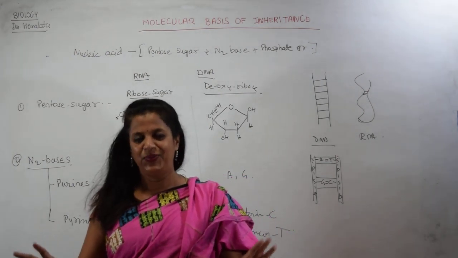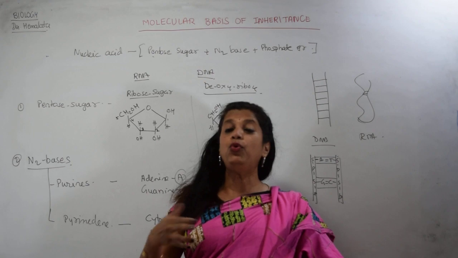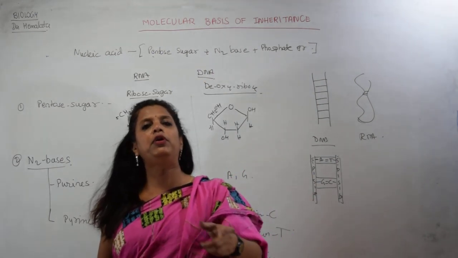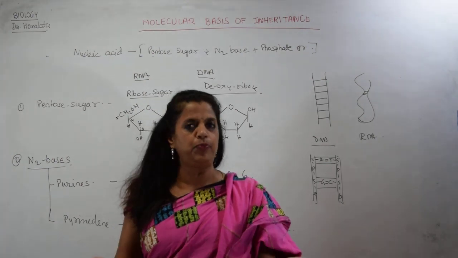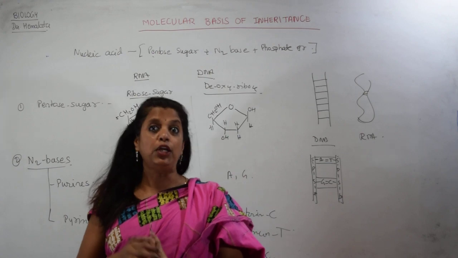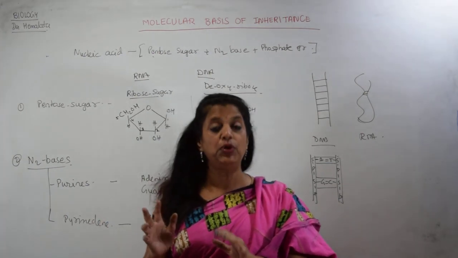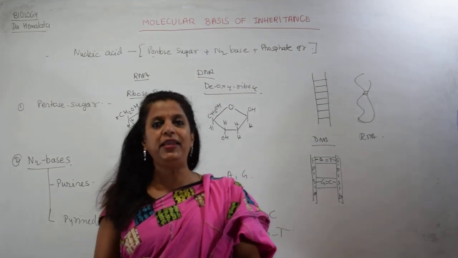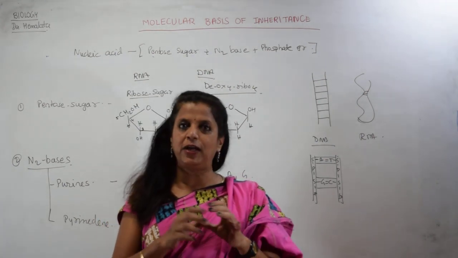RNA will not do that. Then who is producing RNA? DNA is producing RNA. DNA only will produce RNA. RNA is not self-produced. Right? Then, DNA is found in the nucleus in most organisms. In some it is found in the cytoplasm also. You would have seen in bacteria, some plasmids are there, extra chromosomal DNA.